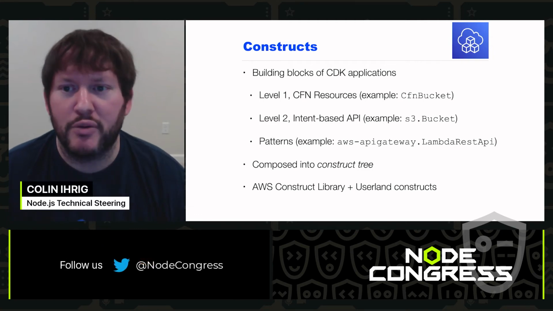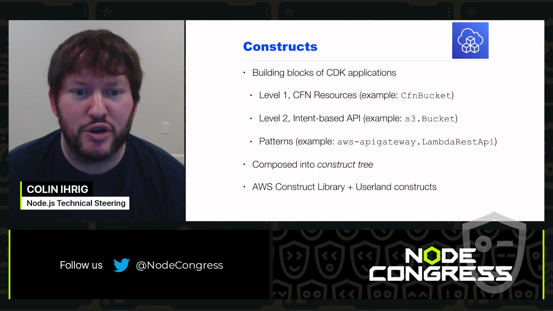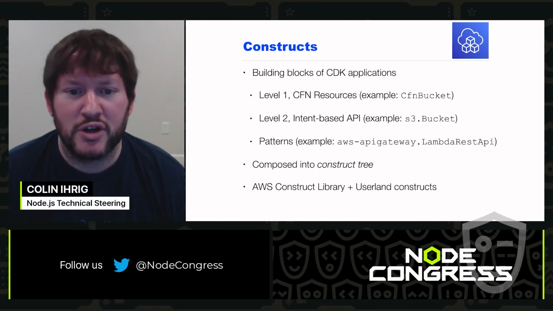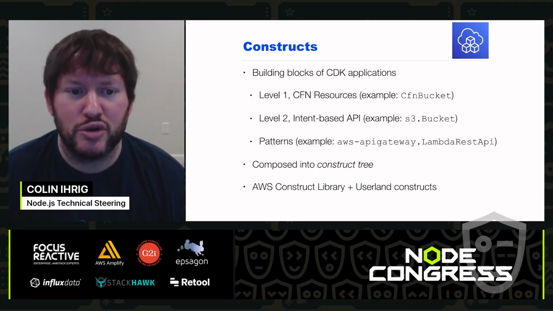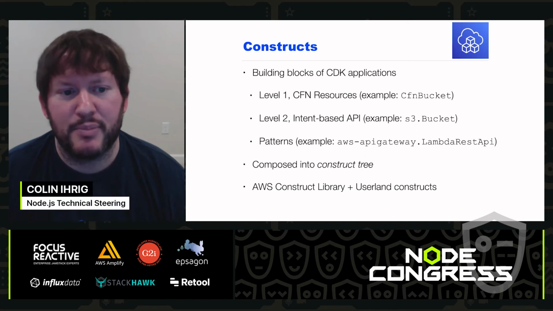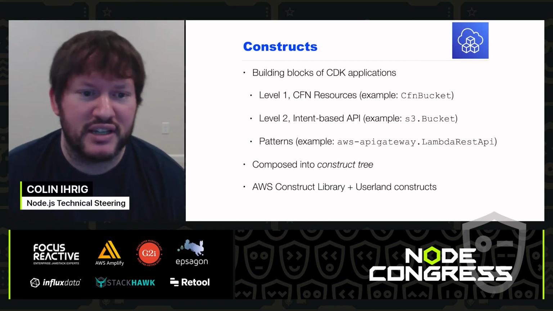These can really accelerate your productivity. So for example, instead of having to create Lambda functions, wire them up to an API gateway and things like that, you can just use the Lambda REST API pattern. And like I said, it can really accelerate productivity.